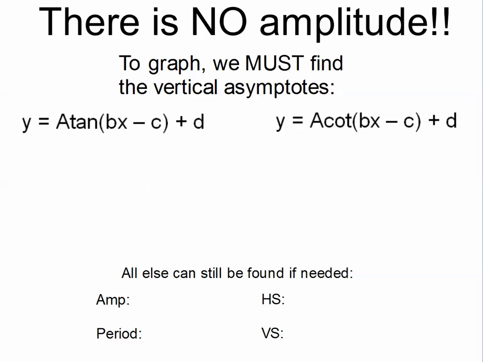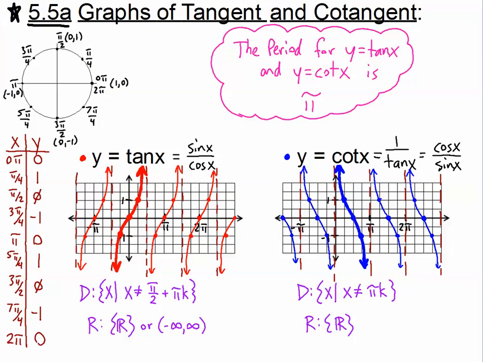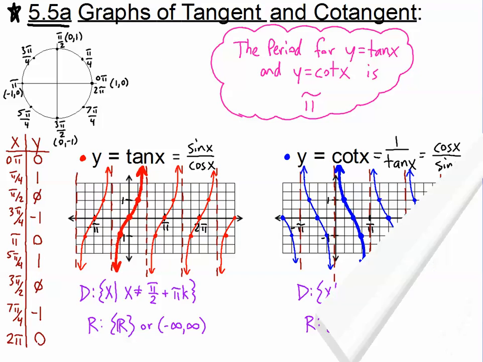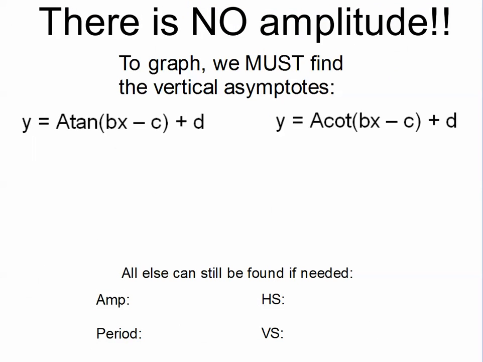It doesn't make sense to talk about amplitude. Amplitude is a height, and as you can clearly see from either one of these graphs, they are already infinitely tall because the range is all reals. So we do not call an amplitude for the height. There still is a value of a, and it's still in the same exact location. We just simply do not call it amplitude.